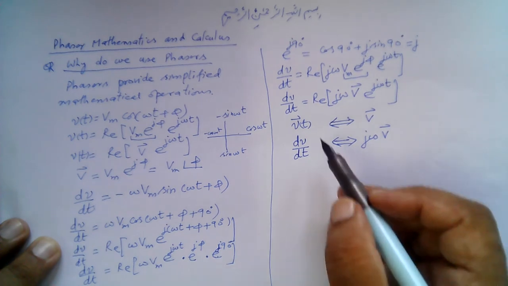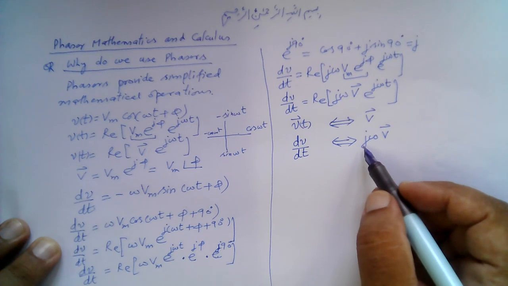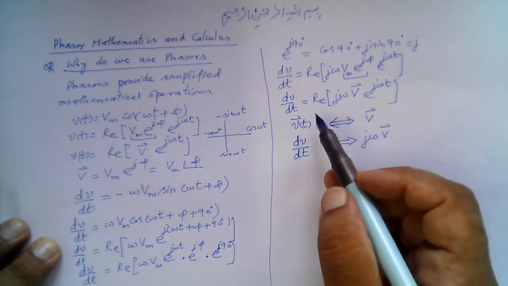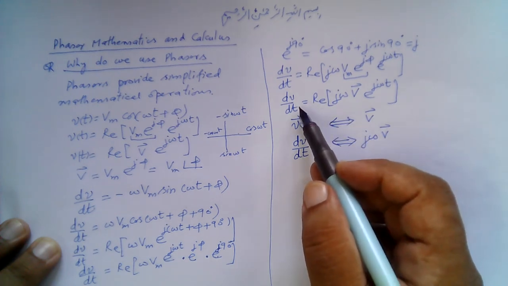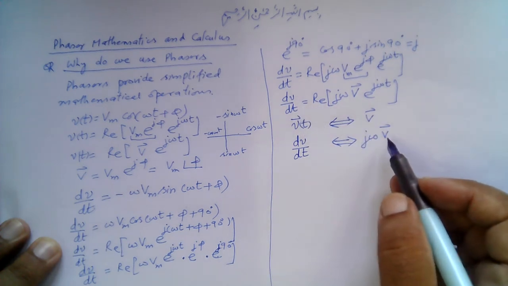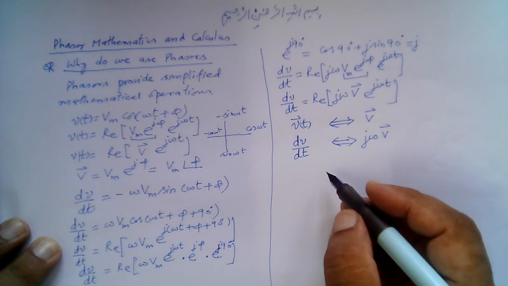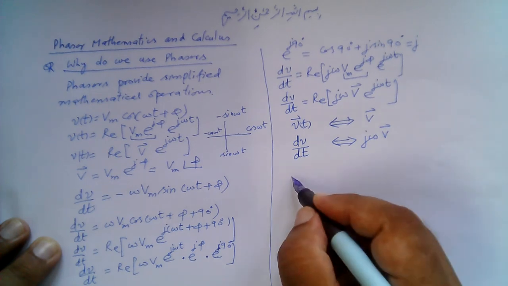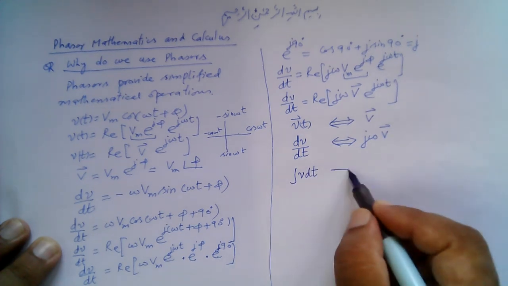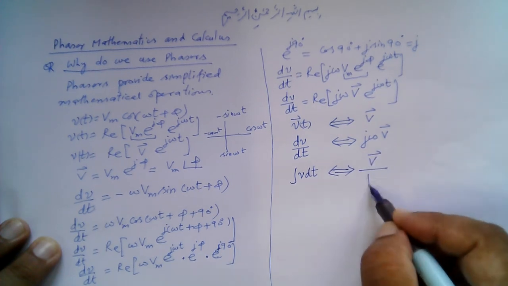So the differentiation operation in the time domain has been transformed into a multiplication operation in the phasor or frequency domain. When we need to do a differentiation in the time domain, we can simply perform a multiplication in the phasor domain. Likewise for integrals: if we have the integral of v dt, it corresponds to the division of V by j omega.